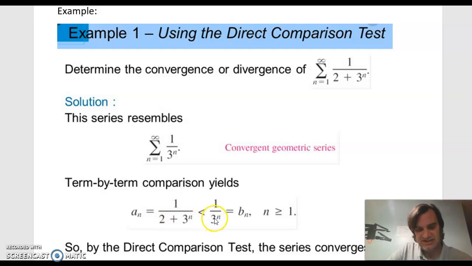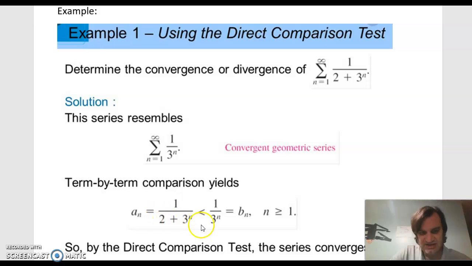And if we put these side by side, the 1 over 2 plus 3 to the n, we can say it's smaller than 1 over 3 to the n. Why? Well, if we look at these, they both have the same numerator. The denominator of A is larger than the denominator of B. And if the denominator is bigger, then the quotient is smaller.